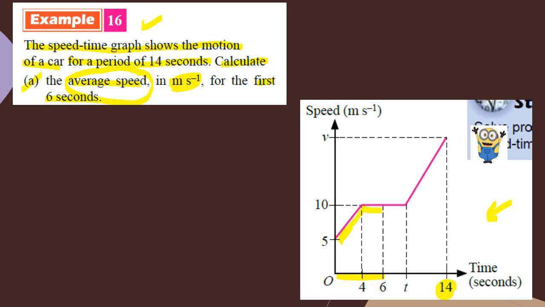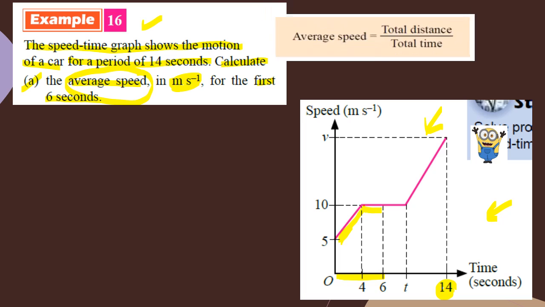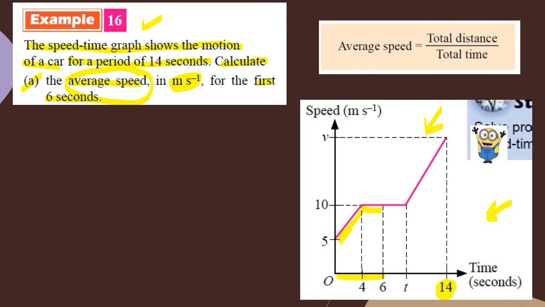Okay, so how do you find the average speed? Can you find it from this graph? No, you cannot. So you have to remember, you learned before there is a formula for average speed. Average speed is equal to total distance over total time taken.